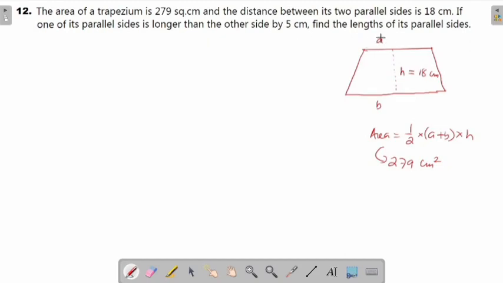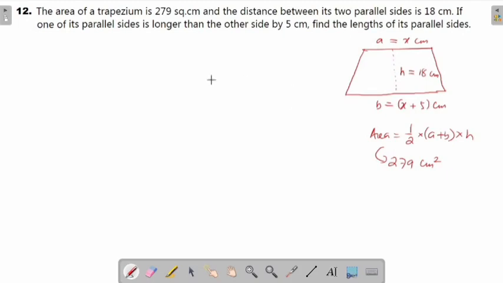That means if this is 5, this has to be 10. If this is 10, this has to be 15. Basically, the longer side is 5 centimeter longer than the shorter one. So you need to find the length of the parallel sides. So we will take this to be x centimeter, and automatically this becomes 5 centimeter more, that is, x plus 5 centimeter.